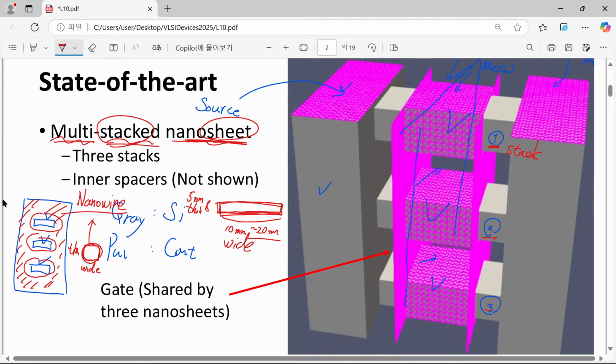At the beginning of our technology development, people thought that the best structure for our next technology may be the nanowire, because the nanowire has a symmetric structure along the lateral direction and vertical direction.